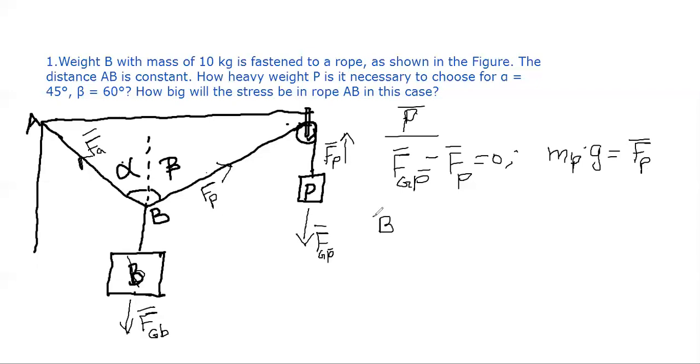Let us look at B. In the case of B, we have the force acting downwards. FGB, what is it? It's the weight, right? So that is MB times g, the weight acting downwards.